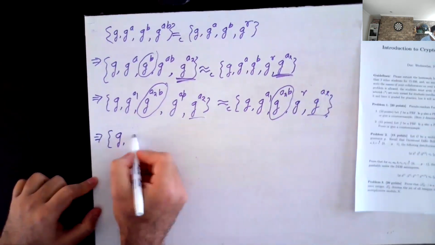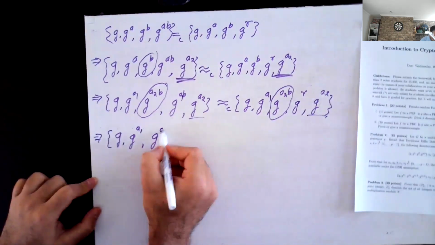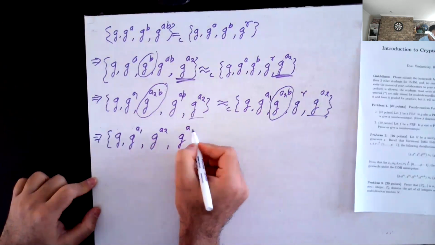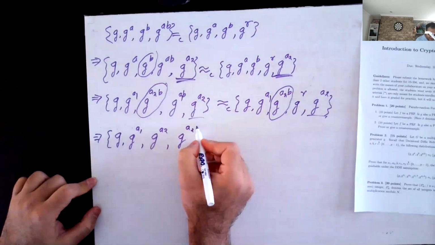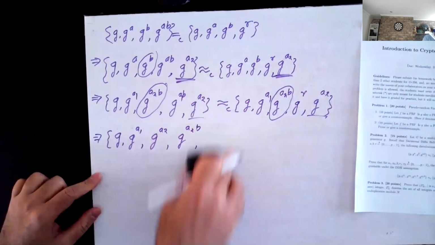And let me just rearrange these: g to the power a2, g to the power a, g to the power a1b, and then a2b.